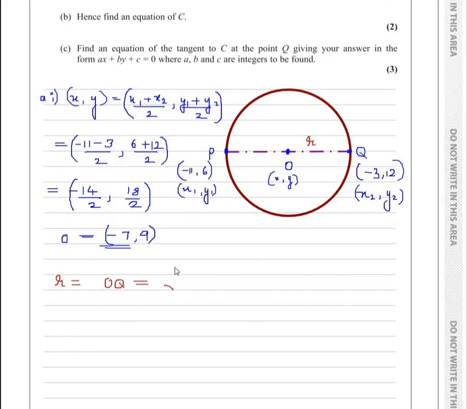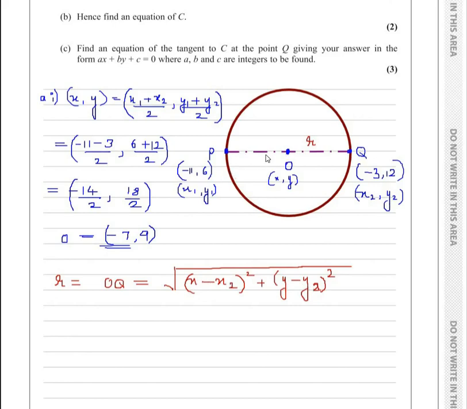Distance formula is given as square root of x minus x2 the whole square plus y minus y2 the whole square. Since I have taken OQ, coordinates are x, y and Q's coordinates are x2 and y2. That's why I have written it as x minus x2 and y minus y2.